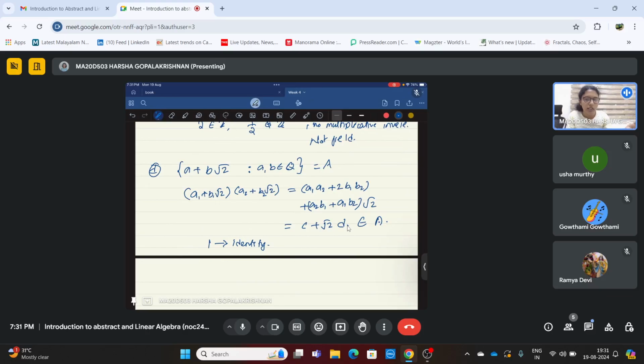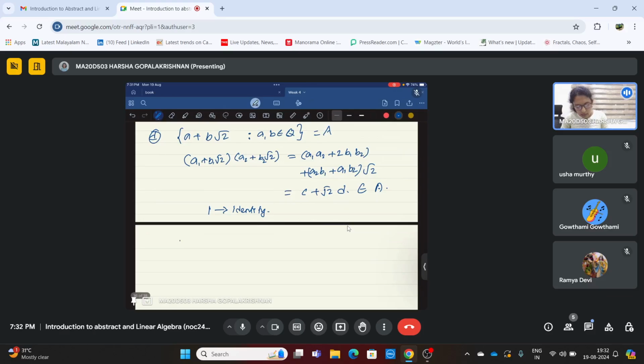Okay, that's also very trivial to think. Now, what is the multiplicative inverse of a plus b root 2? Which element when multiplied with a plus b root 2 will give 1?